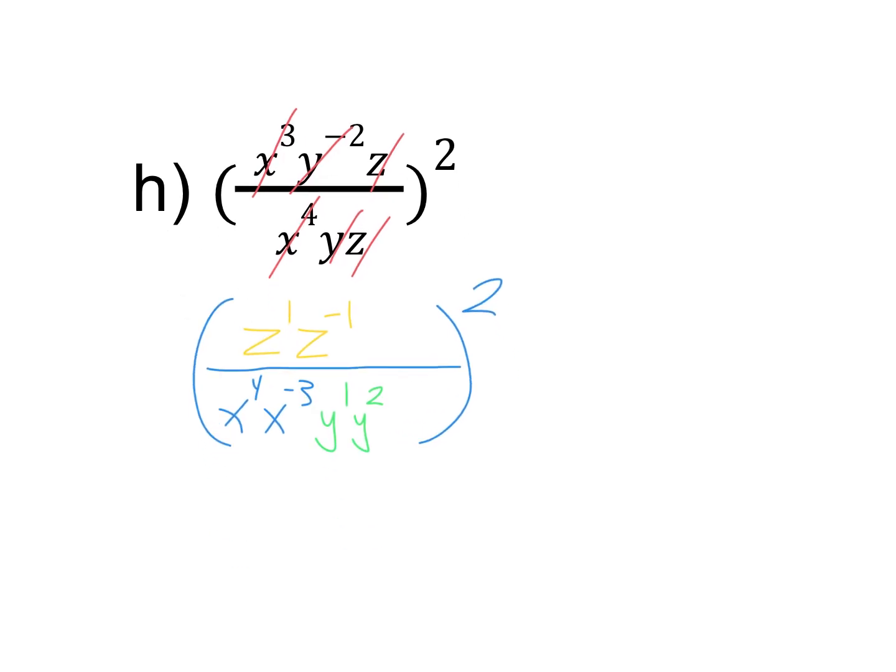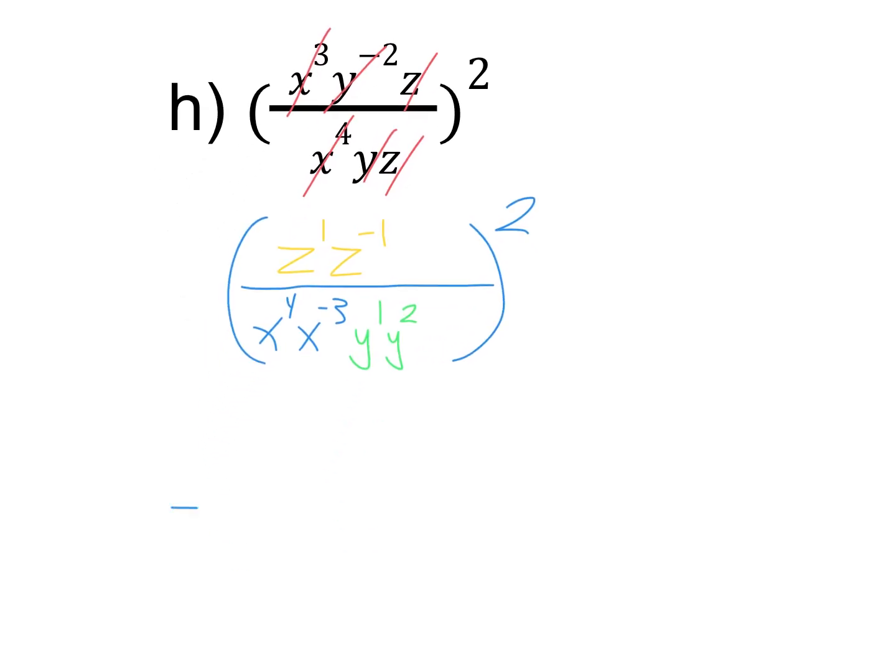So now we just need to start simplifying inside of the parenthesis. Let's start with the numerator first, actually. In my numerator, I have z to the power of 1, but I combine the exponents, so I add them together, so it would be 1 plus a negative 1, which is just 1 minus 1.